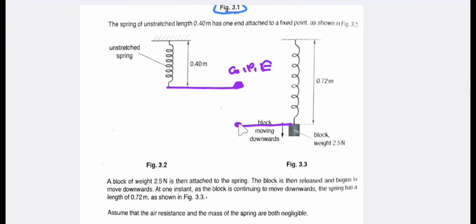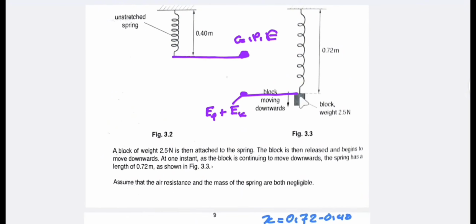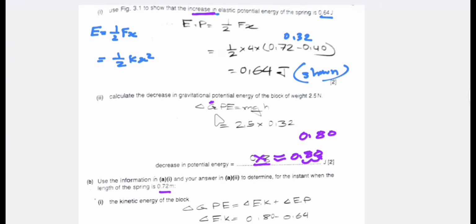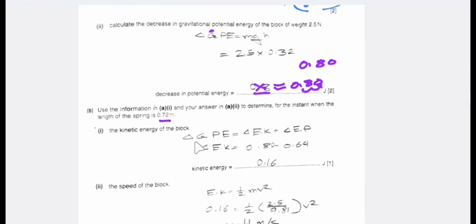After the spring extends, it has elastic potential energy plus kinetic energy, EK. So the gravitational potential energy is converted to kinetic energy and elastic potential energy due to the extension of the spring.